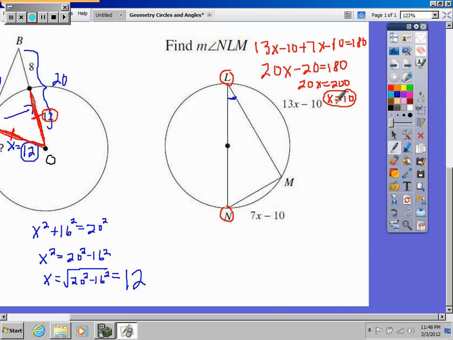Well, let's plug the 10 in for the x right here. So 7 times 10 minus 10 would be 70 minus 10, and that's 60. That's the arc. Now remember, this is an inscribed angle, so the inscribed angle is half of the intercepted arc. So the answer should be 30 degrees.